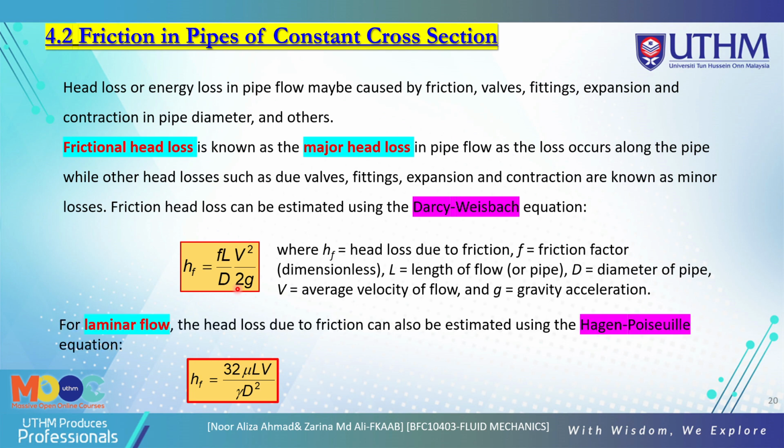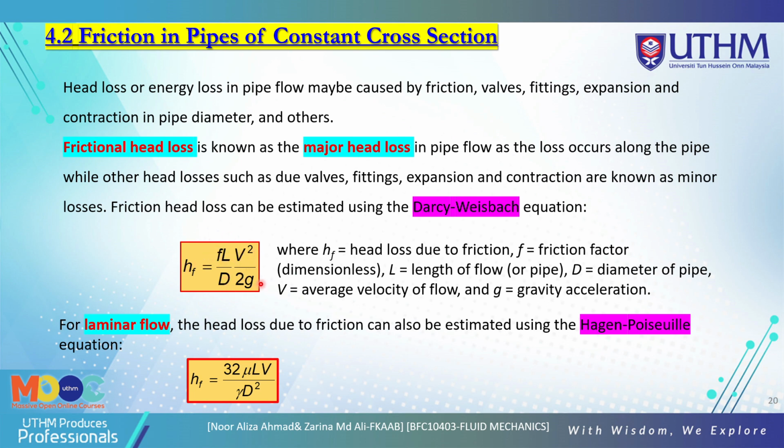For laminar flow, we can get HF based on another formula, which applies only for laminar flow. For laminar, turbulent and transitional flow, you can use HF is equal to FLV squared over 2GD.